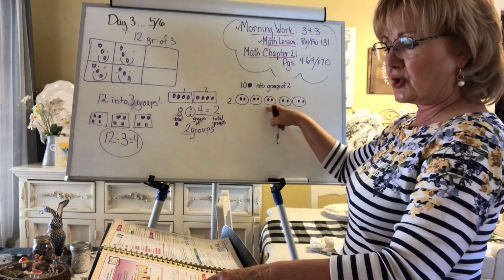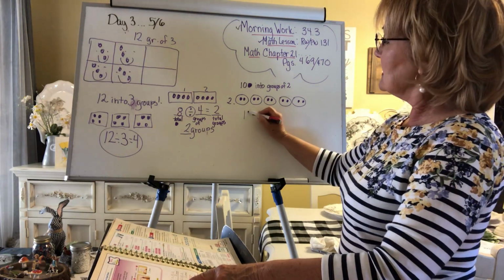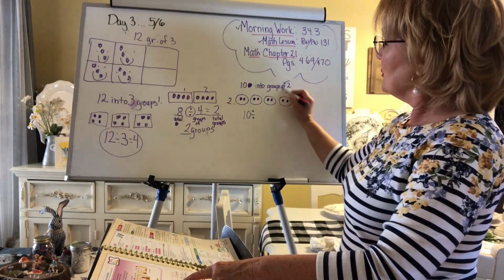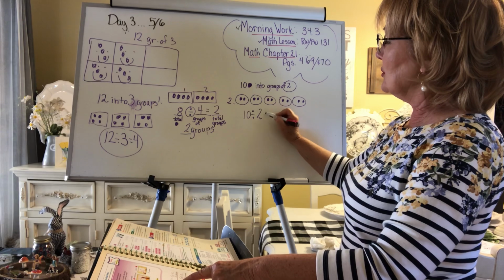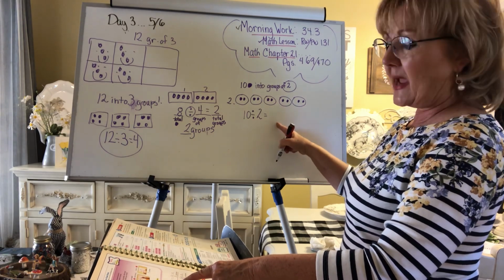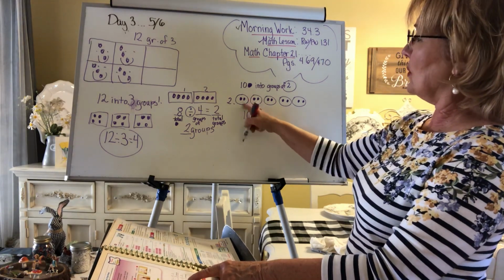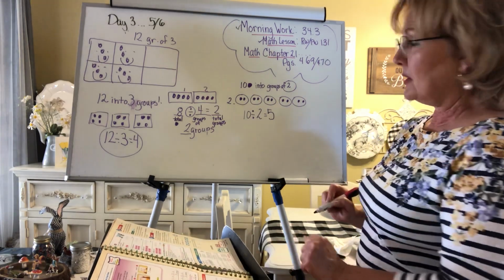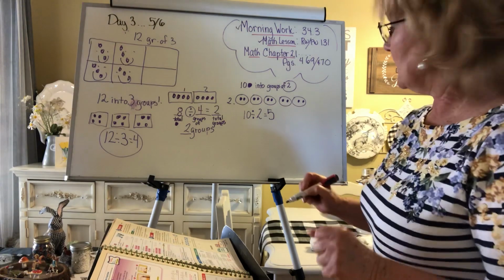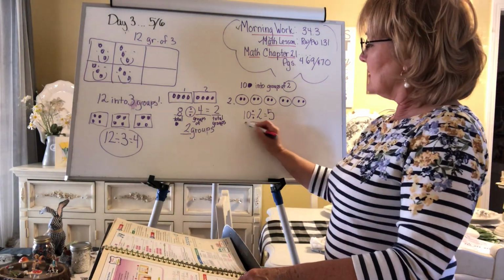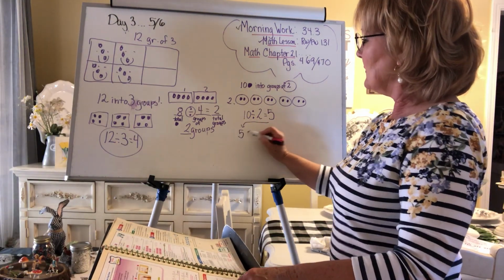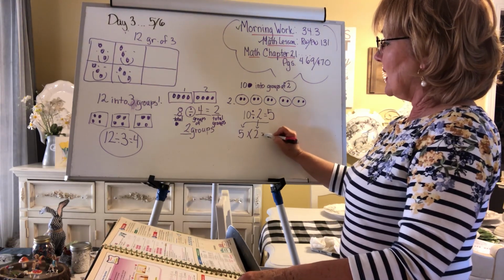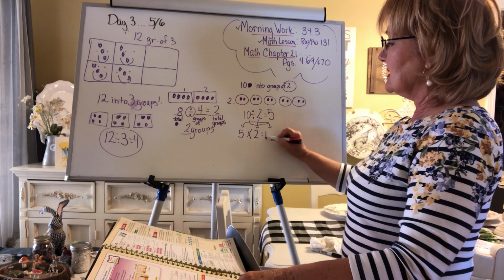Groups of 2. So our sentence is 10 divided into groups of 2 equals how many total groups? 1, 2, 3, 4, 5. That would be your answer. Let me show you the corresponding multiplication. If you take this backwards, say 5 times 2, that will equal 10, right?